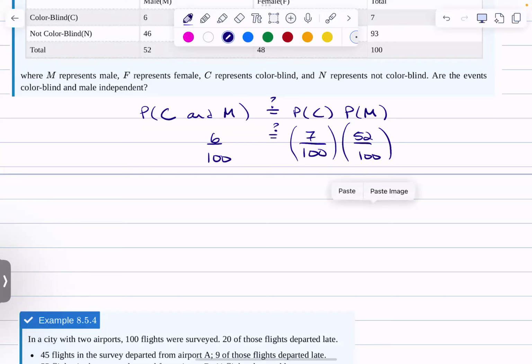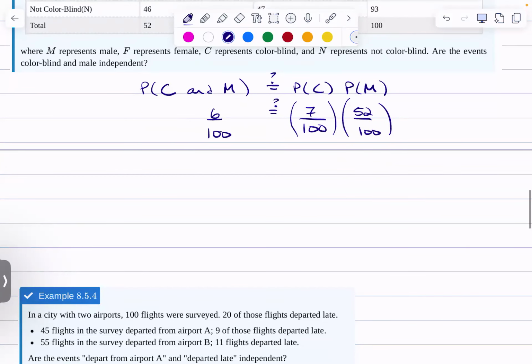I had to restart, 7 over 100 times 52 divided by 100. I get 0.0364. Is it equal to 0.06? Right, 6 over 100 is 0.06. I'd say that's not equal to 0.06.